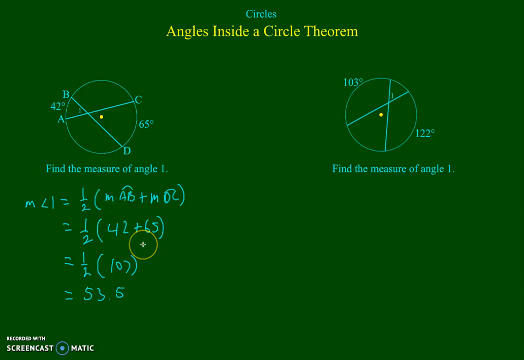Now let's take a look at another problem. Here we have a slightly different situation. We have angle 1 sitting out here, and these two arcs are given to us. Now you need to be really careful when you use these theorems. Don't knee-jerk and say, because these are the intercepted arcs, that angle 1 is going to be 1/2 this plus this.